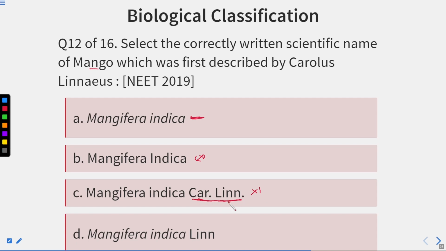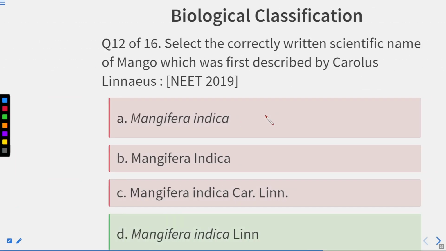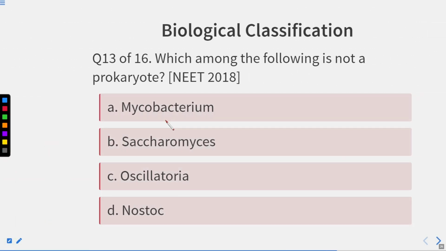The abbreviation of the author is not written like this. So option D, Mangifera indica Linn., is the correct answer. Mangifera is the generic epithet, indica is the specific epithet, and Linn. is the name of the author written in abbreviated form. So option D is the correct answer here.